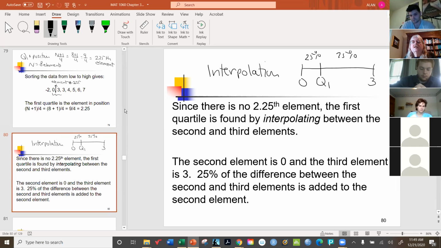So the value that we need is going to be 0 plus 25% of the difference between 0 and 3.